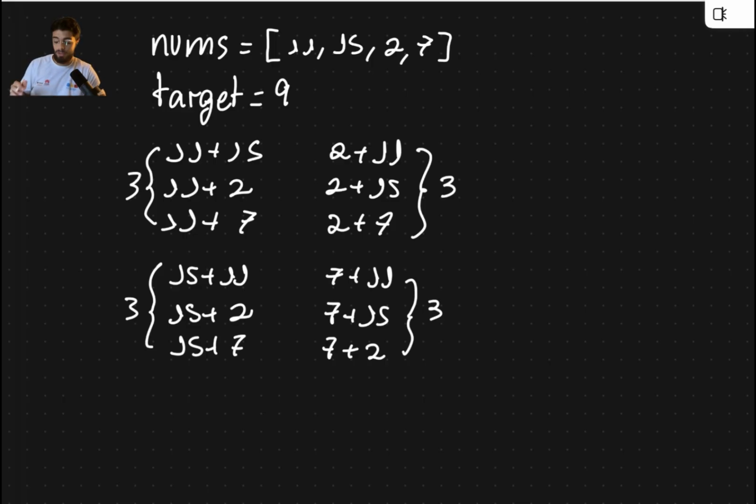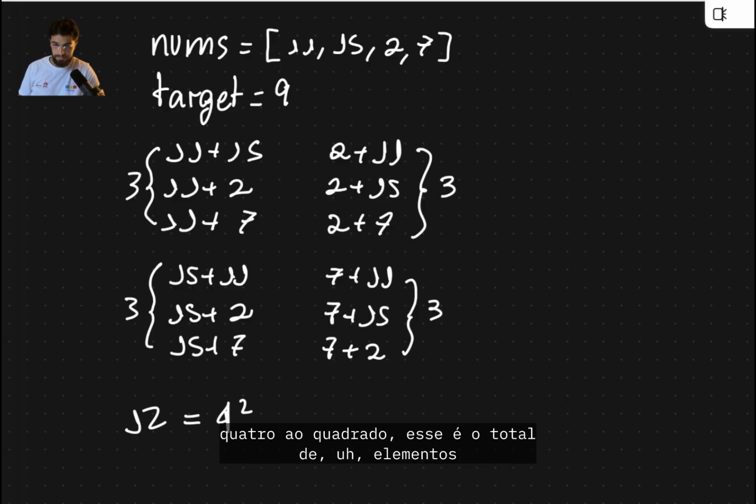As you can see here, we will have 12 possibilities, 3 for each number. But why 12? It is 4 squared, that's the total elements, minus 4 because they cannot meet with themselves. You cannot sum the number with itself.